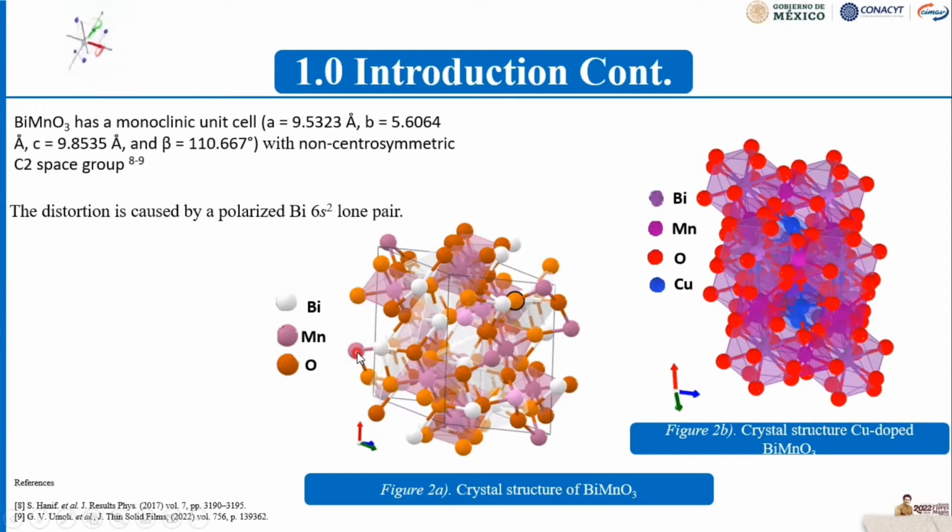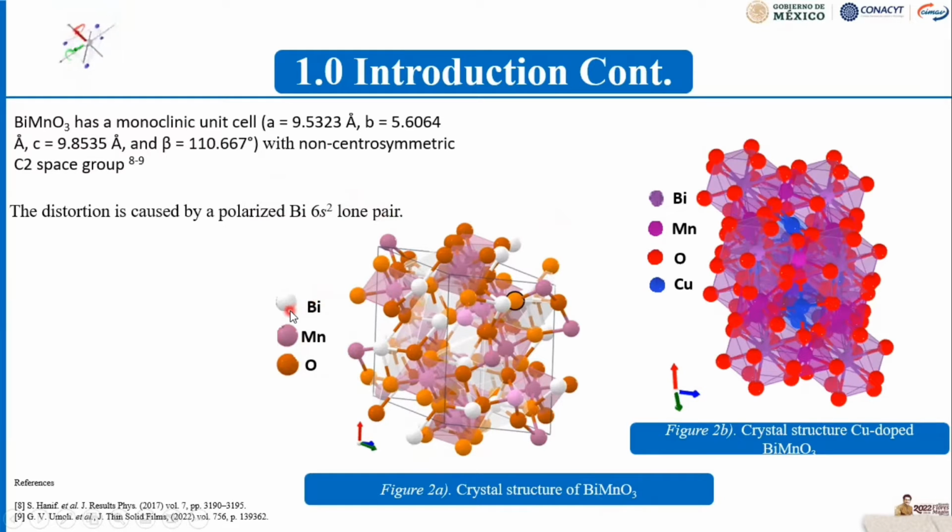Two manganese sites exist. The first and second are bonded to 6 oxygen atoms, and oxygen atoms are bonded to bismuth and manganese atoms all around them. The multiferroic behavior of bismuth manganese oxide is typically attributed to the existence of two dissimilar lattices.